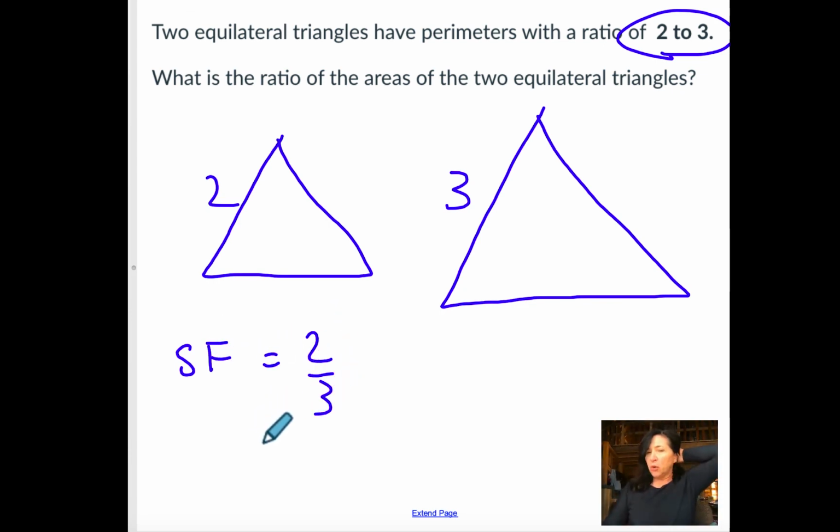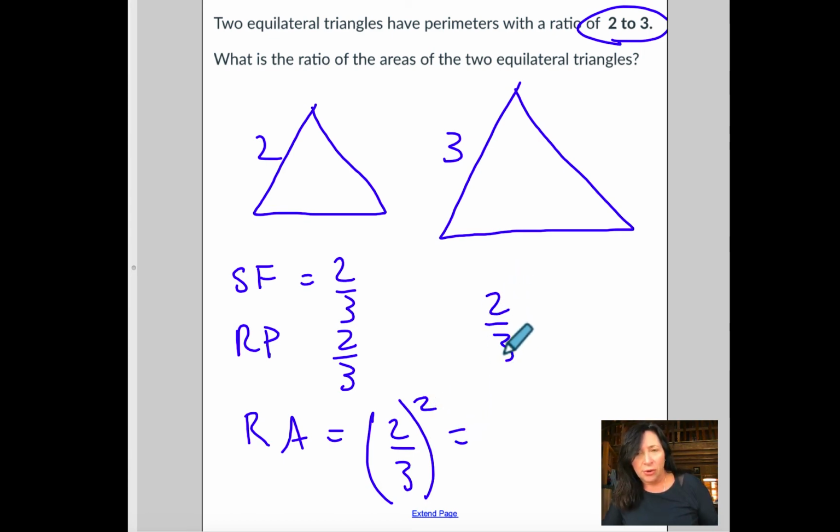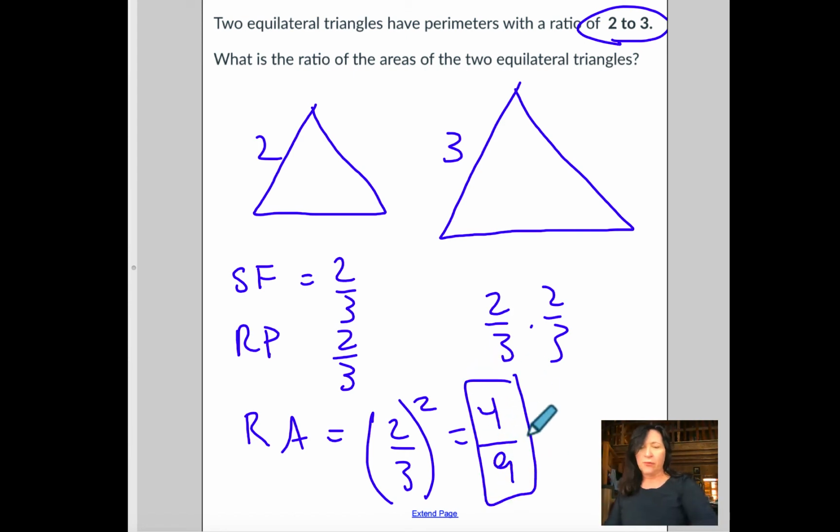My ratio of perimeters is the same value, 2:3. But my ratio of areas is my scale factor squared, so 2/3 times 2/3, which is 4/9. And so the ratio of areas is 4/9.